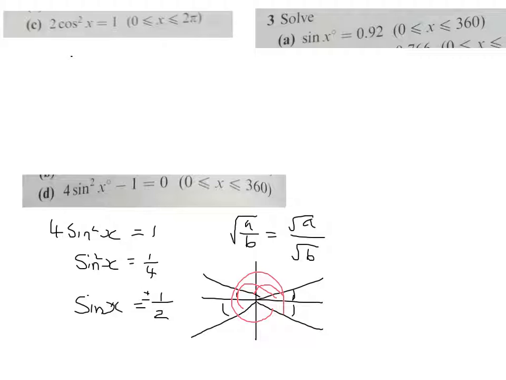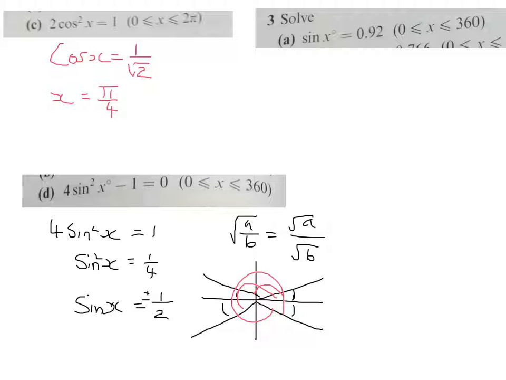Right, the next one, with the cos in it, you're going to end up with cos x equals 1 over root 2. Square rooting top and square rooting bottom, and 1 over root 2, but we're in radians. It would be 45 degrees, but we're going to do the question completely in radians. That's going to be pi divided by 4.